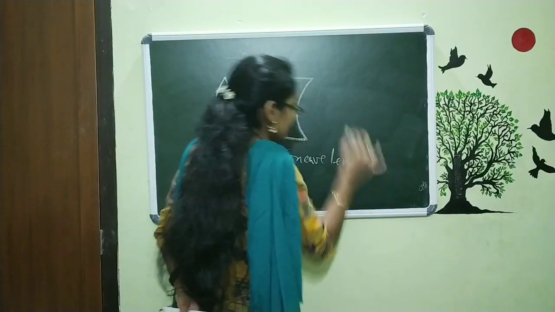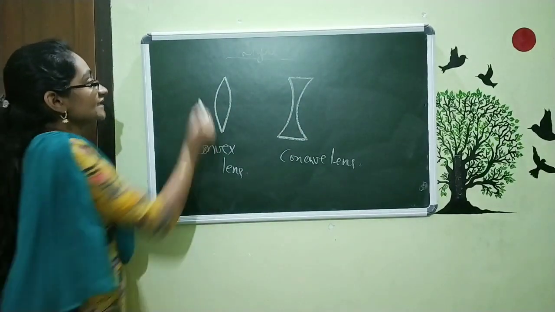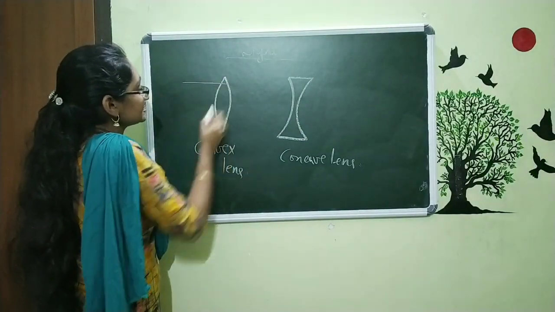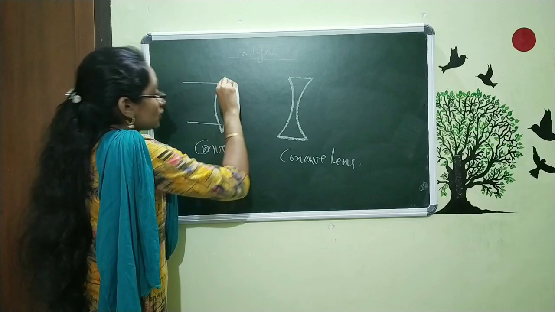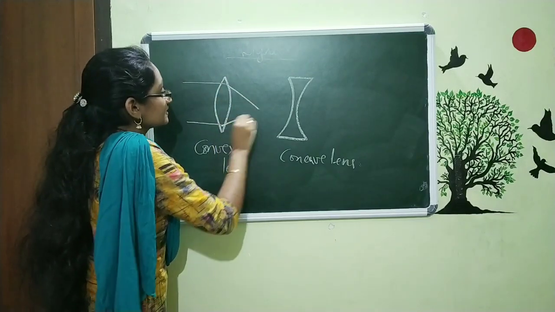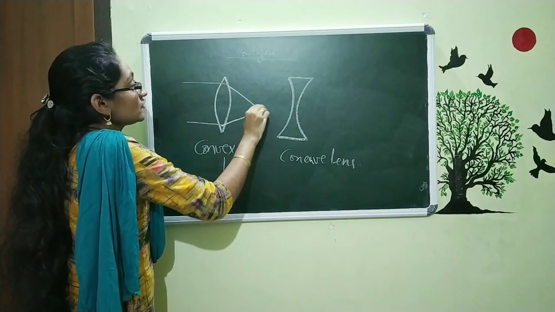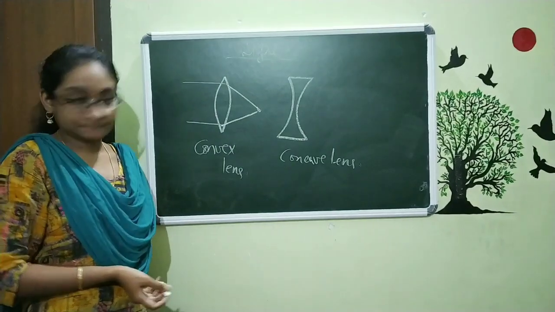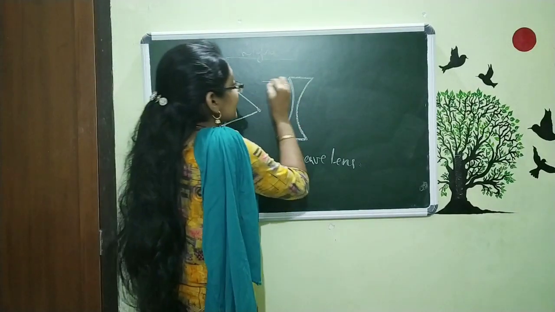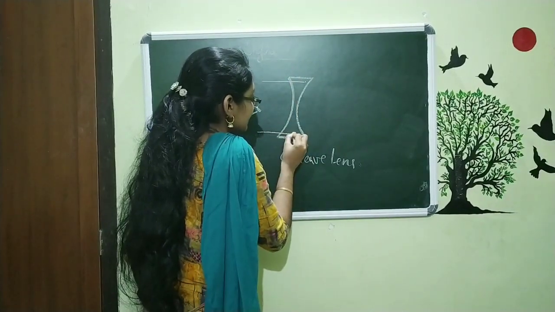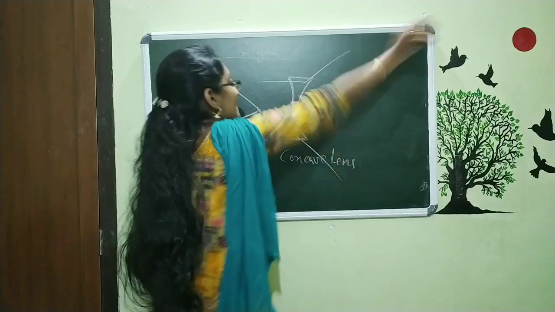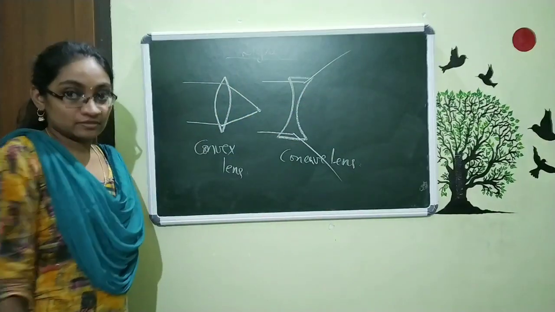Concave lens. And also we studied that when light is incident on a convex lens, the light gets focused on a point. Here we studied that when the light is incident, it spreads away.